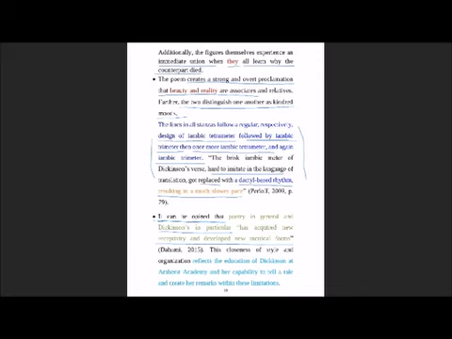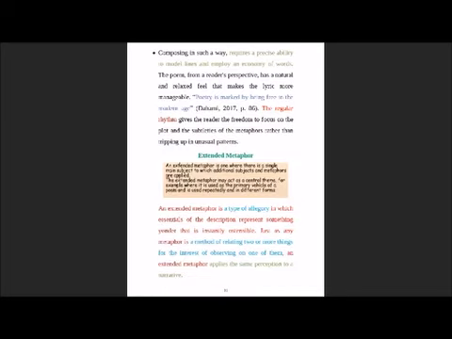This closeness of style and organization, organizing the words, selecting words, arranging them, reflects the education of Dickinson at Amherst Academy and her capability to tell a tale and create her remarks within these limitations.